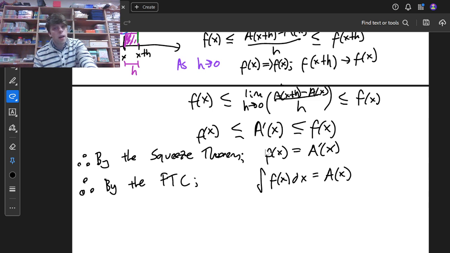So they cancel each other out. We can see that the integral is equal to the area, and that's kind of what this is all about.